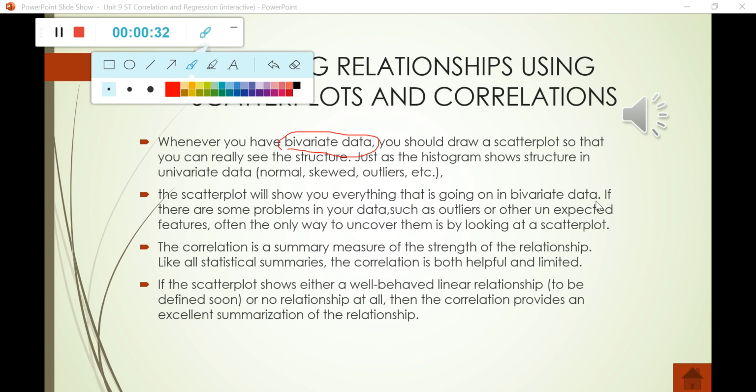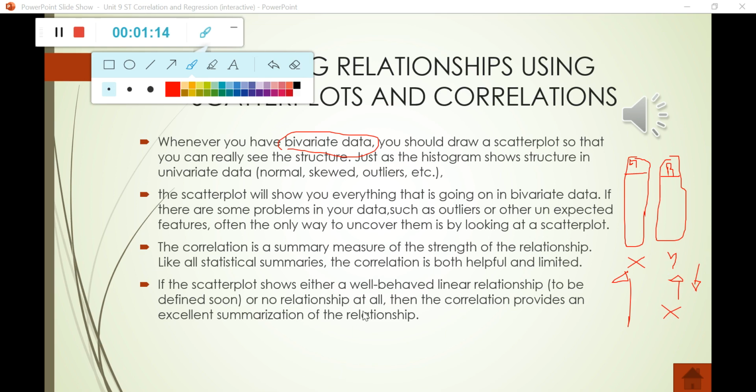We have a set of data, one variable A, and then we have variable B. In this case, we're looking at X and Y. When I change X, how does it affect Y? When I increase the numbers, does Y increase too? Or when I increase the numbers of X, does Y decrease, or is there no evidence of any change? So this is what we're going to be doing.